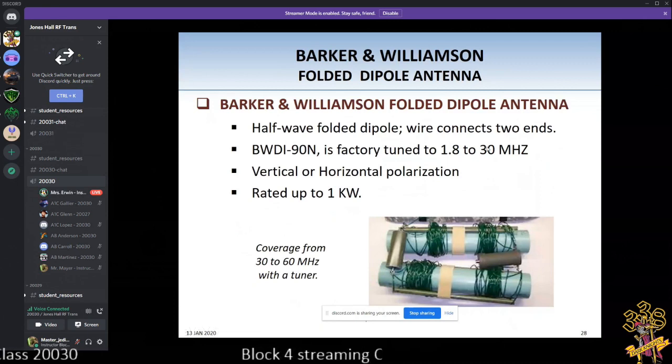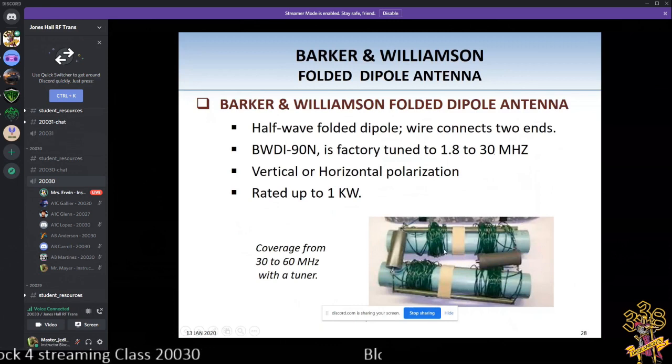So when you receive it, all you have to do is unroll it off of this, what's kind of a hard plastic tube. Its only purpose is to give you something to wrap the antenna on. So when you get it, you'll just unwrap it and it's ready to install. It's factory tuned. Everything's done.